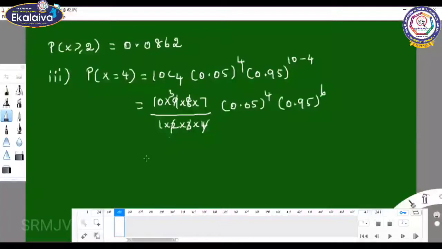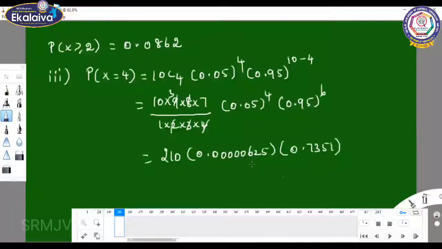The value for this is 210 into 0.05 whole power 4, which is 0.00000625, into 0.95 whole power 6, which is 0.7351.